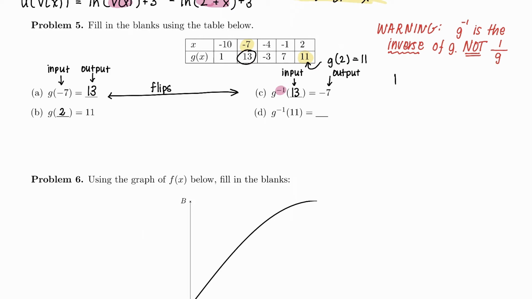So for inverses, inverses flip or swap the inputs and output of the function.